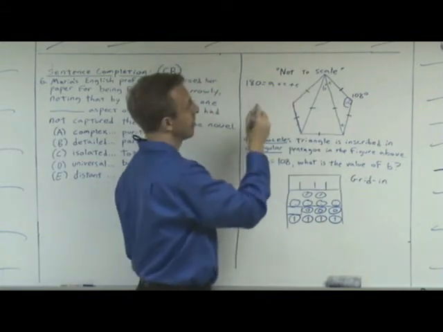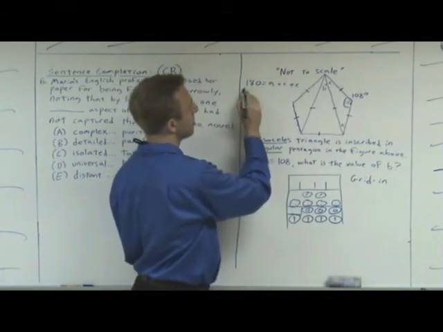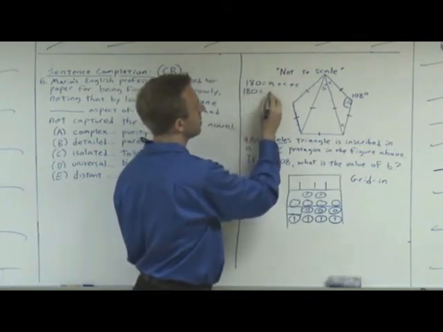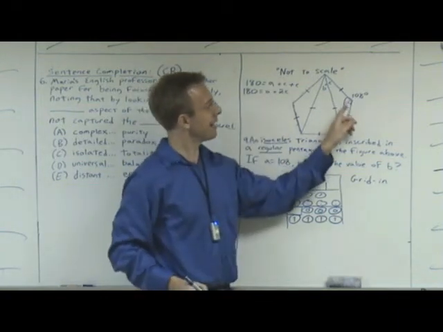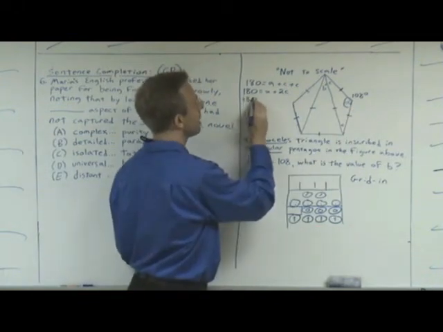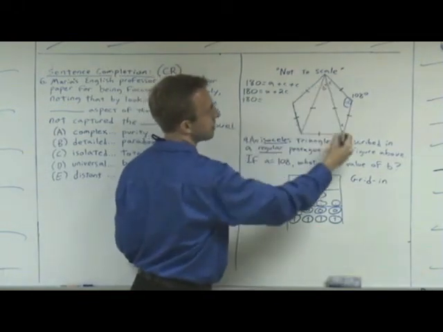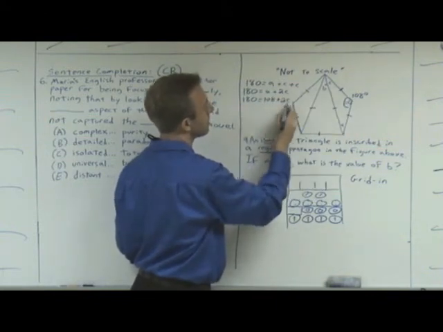equals 180. So let's simplify this equation and plug in the information we know. We have 180 equals A plus 2C. Now we know that angle A is 108 degrees, so we now know that 180, the total of these three interior angles, equals 108 plus 2C.